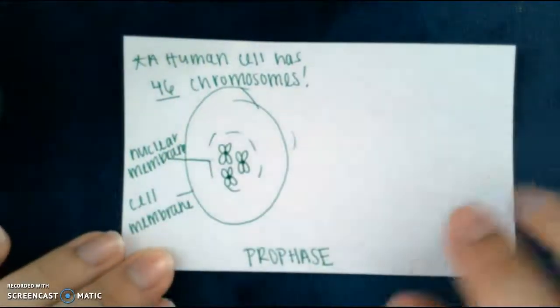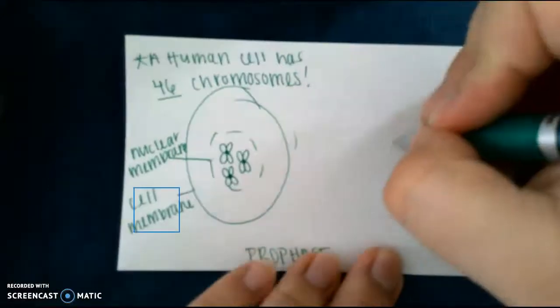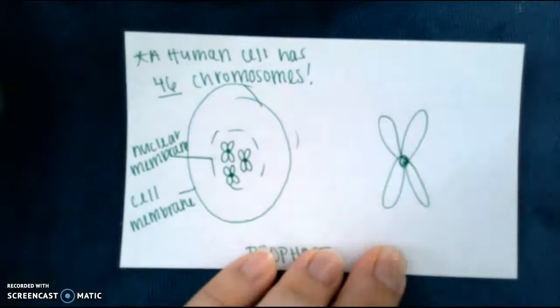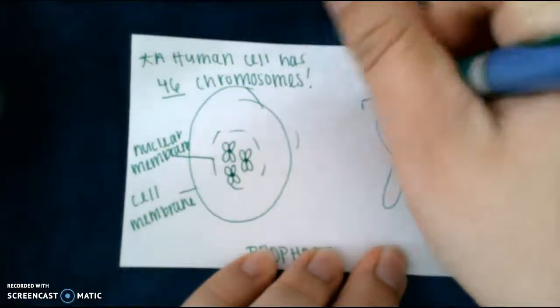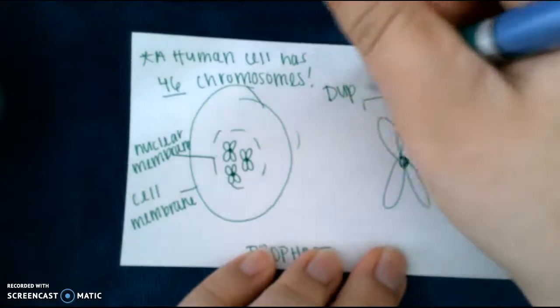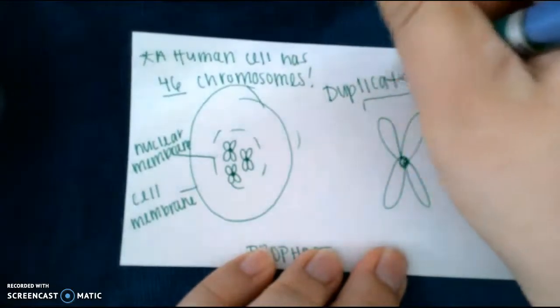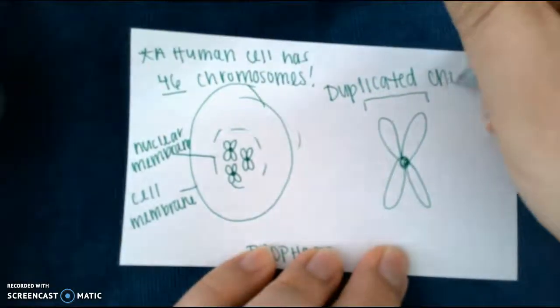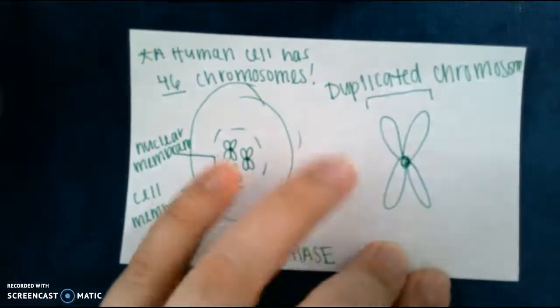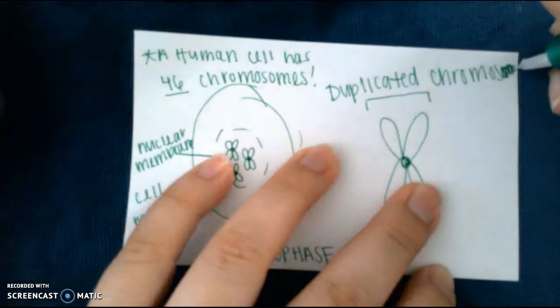Okay, then over here, let's go ahead and draw a close-up of a chromosome. So this entire thing, you can call it a duplicated chromosome or a replicated chromosome. Both of those words mean the same thing, and I will use them interchangeably.